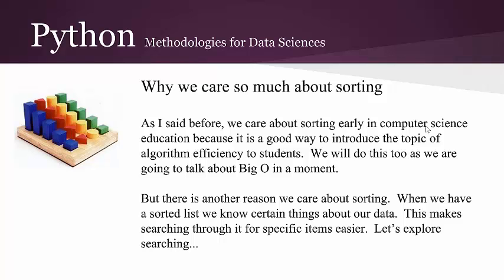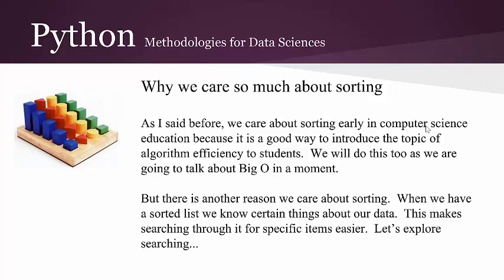So if we can sort our data, if we know it's been sorted and can detect it is sorted, or we can sort it ourselves, then we really know something about our data that can help us as far as searching through that data and looking through that data.